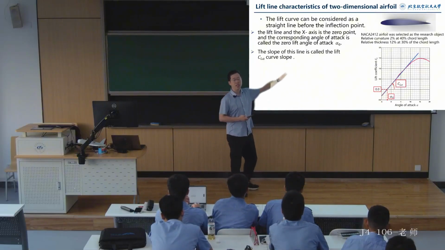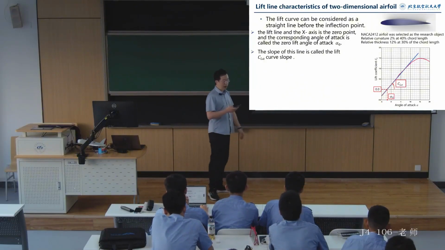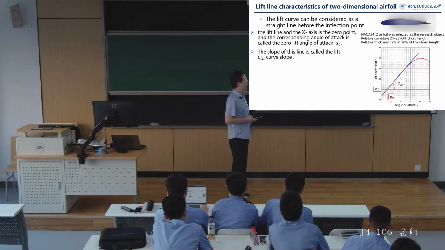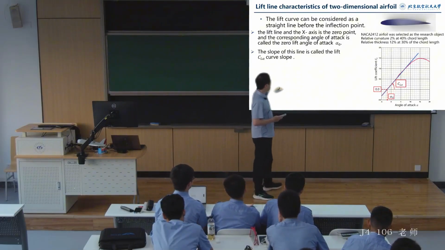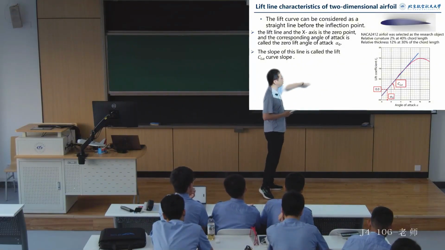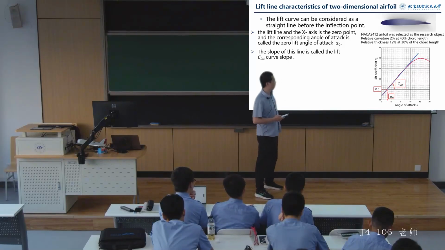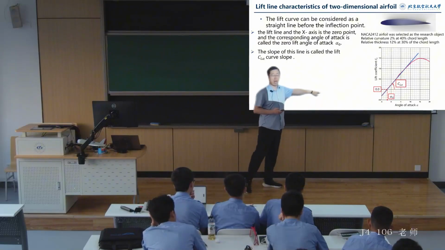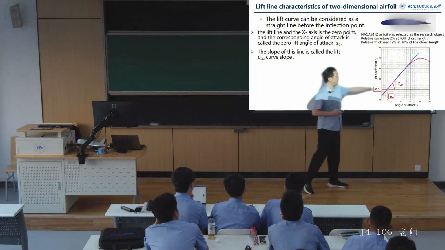The slope of this line is represented by CL alpha. Within this small range of angles, our lift coefficient can be expressed as the lift coefficient equals the lift curve slope multiplied by the current angle of attack minus the zero lift angle of attack. We see it forming such an expression, right? This aligns with the basic definition of a straight line.